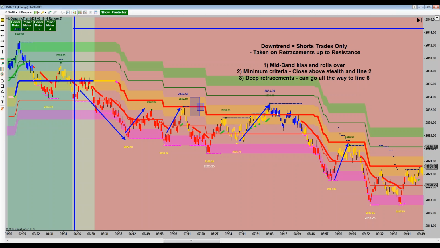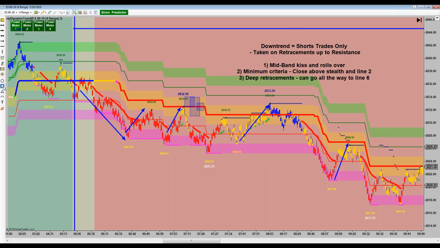Here's an example of some bars on the mid-band right here. See them sitting right on the mid-band? Bars that go into the band directly above the mid-band, which is called band 5 right here, are still considered a mid-band trade. Okay.